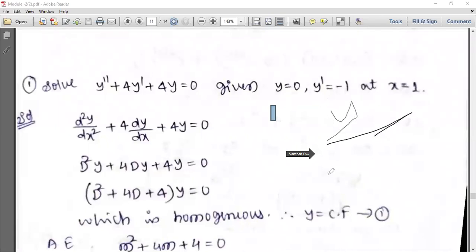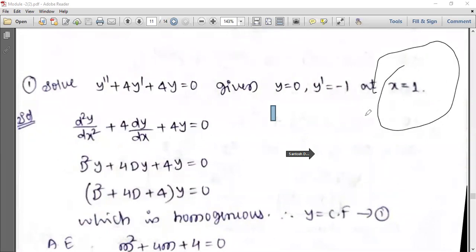dy by dx, because here x is there. So, okay, the pen is vanishing. One second. The pen option is not there actually.